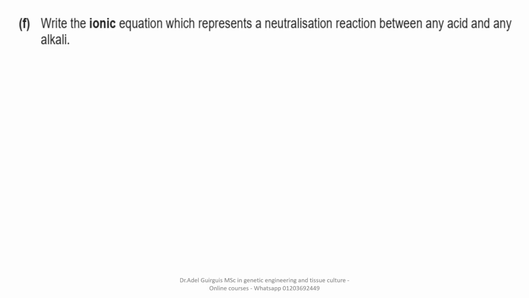Letter F. Write the ionic equation which represents a neutralization reaction between any acid and any alkali. Let's choose a certain equation from the same exam and same question, like this equation. Look, 2 moles of nitric acid react with 1 mole of calcium hydroxide to form salt and water.